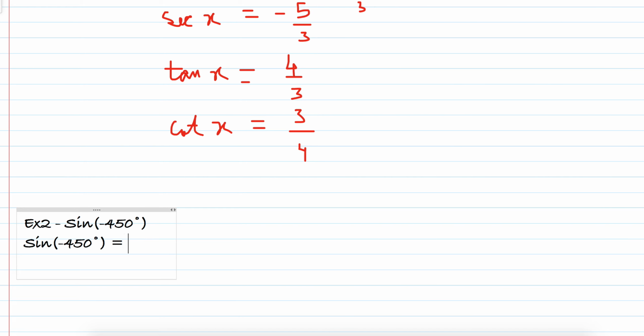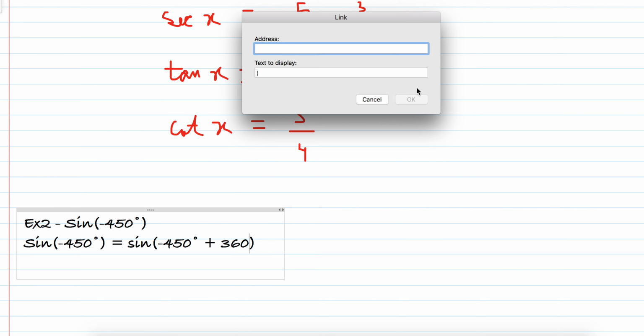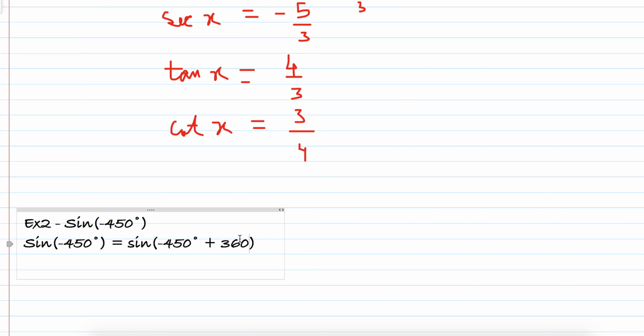degrees, sine of minus 450 degrees plus 360 degrees is equal to sine of minus 90 degrees.